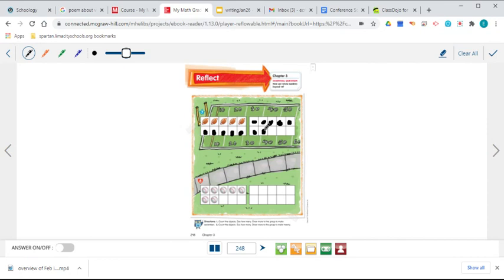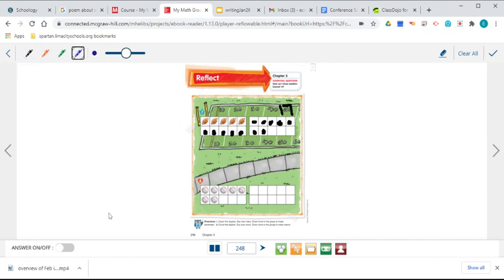We made it. We have 17 now. Those aren't the best footballs you've ever seen, but you get the picture. When you have 10 and 7 extra ones, that is the number 17.